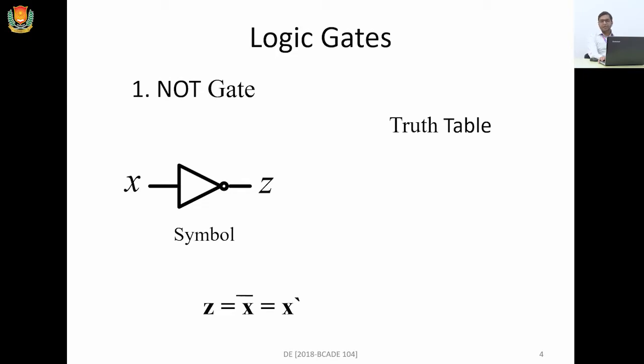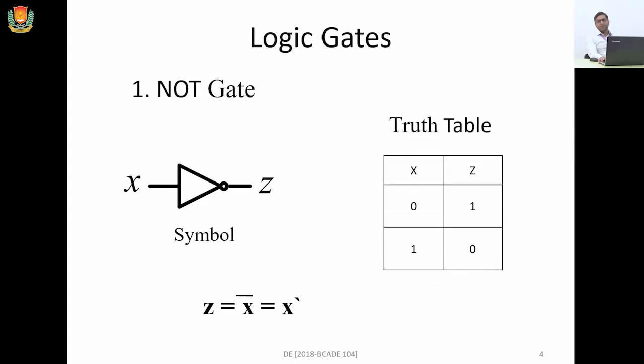NOT logic has only one input and one output. The truth table is the relationship between input and output, or we can say the truth table defines the working of a particular logic gate or a particular logic circuit.